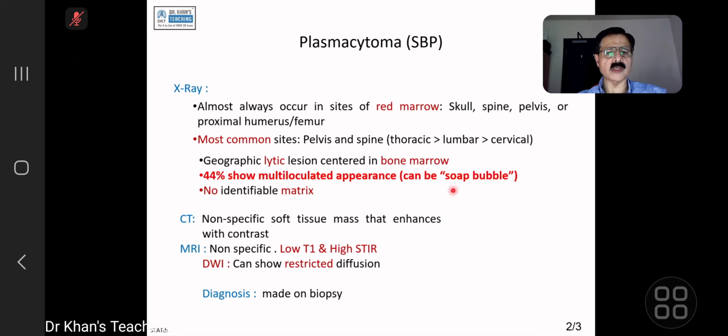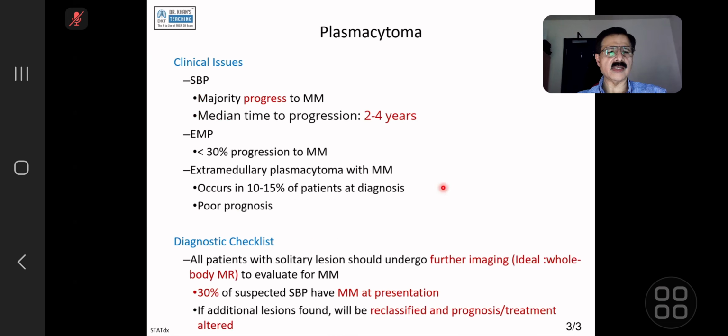44% show a multiloculated soap bubble appearance, 44%. And look at this, the majority progress to multiple myeloma in 2 to 4 years. Now, key viva question. I'm not going to ask you the question, but just to let you know that if this kind of case comes in the exam, you should tell the examiner that now I will advise more imaging to rule out multiple myeloma.